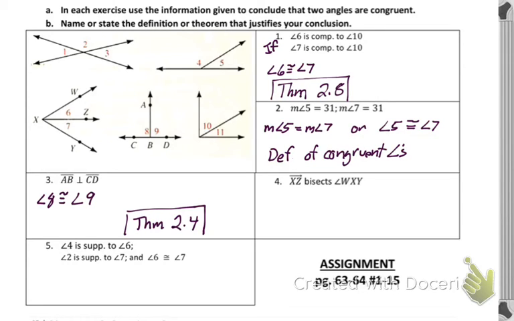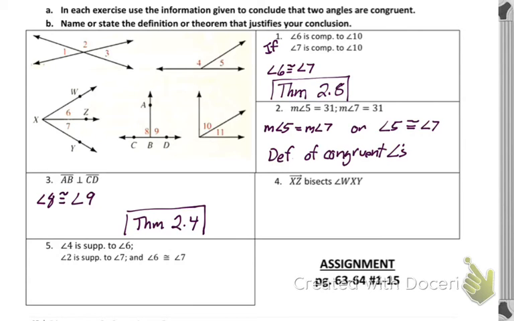Yep, they are congruent adjacent angles. So that is going to be theorem 2.4. So before you jump to definition, just give a quick rundown of all your theorems to make sure it doesn't fit in any of those boxes. And if it doesn't, then go definition.